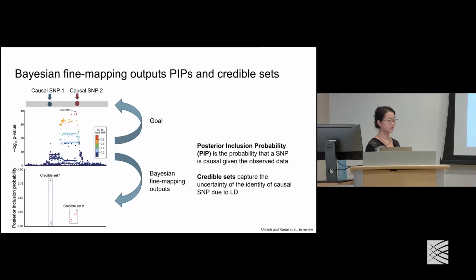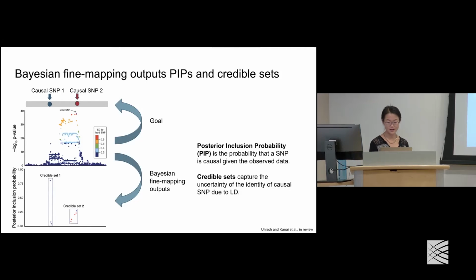I would say that there is another way to define credible set, which I think is actually the more common way among the available Bayesian fine mapping methods: to try to capture one credible set per locus, and this credible set will try to capture all the plausible causal variants with a certain confidence level.